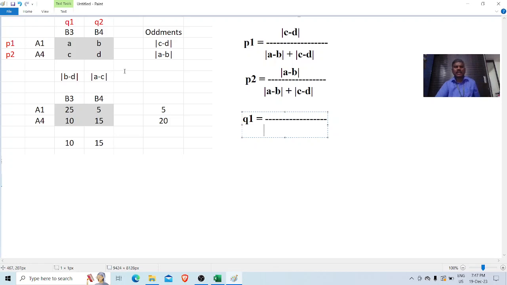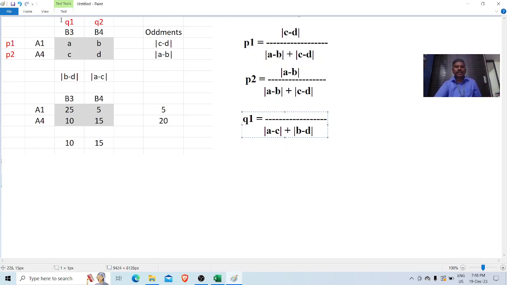The denominators are these values A minus C and B minus D: modulus of A minus C plus modulus of B minus D. What is the numerator?